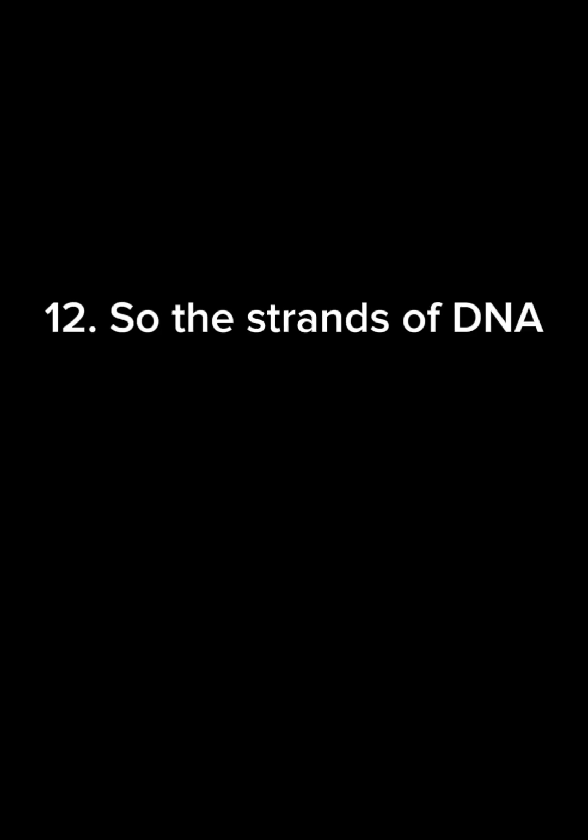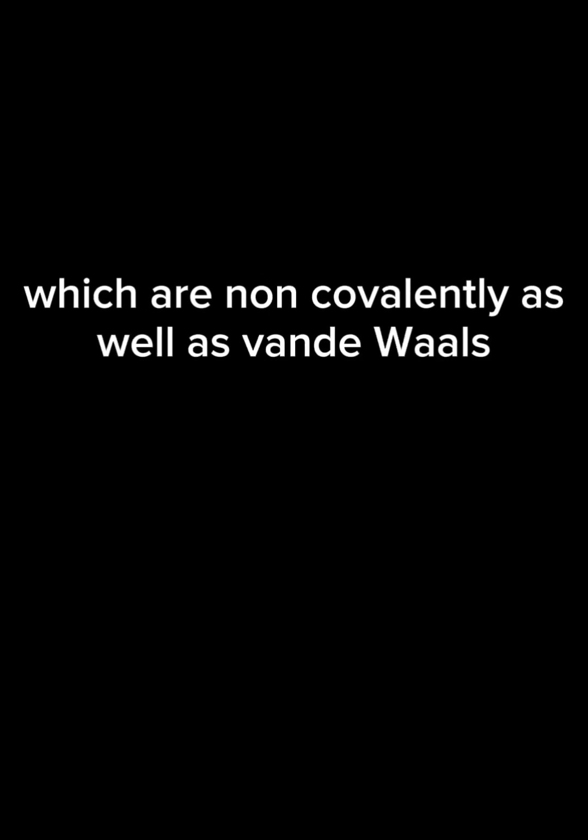So the strands of DNA are held together by hydrogen bonds, which are non-covalent, as well as van der Waals attractions. These bonds are very difficult to break, depending on the number of bonds holding the strands together.